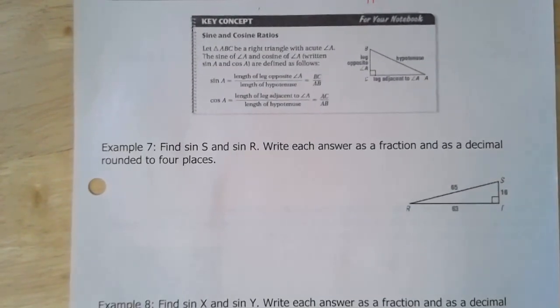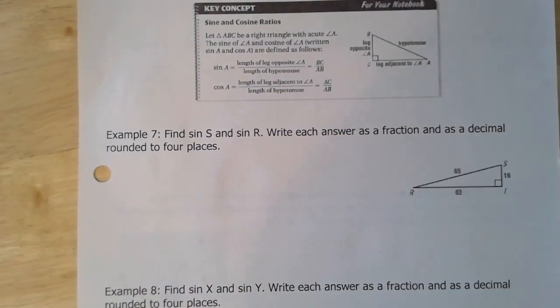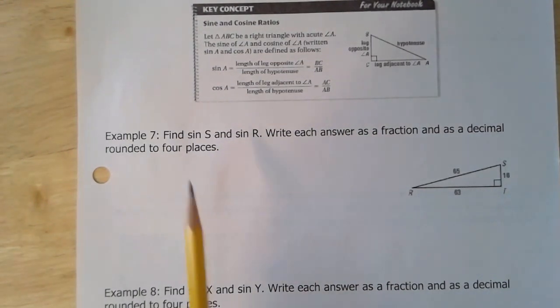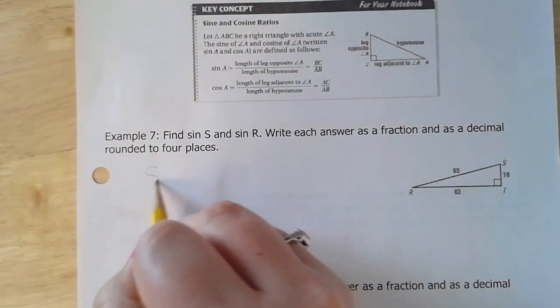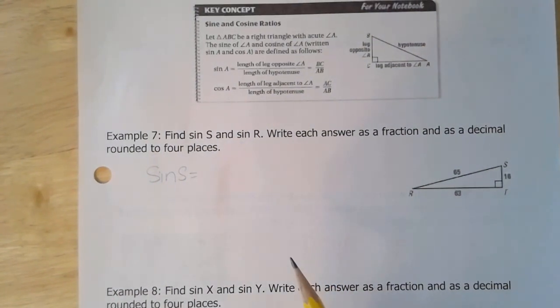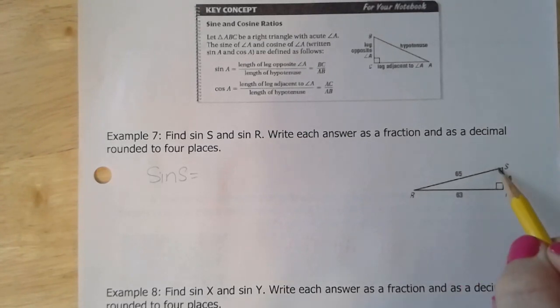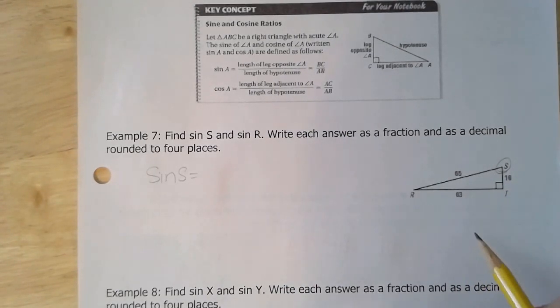Example 7 is just like we did example 1. You're going to just write out your fractions and do your decimal to 4 decimal places. So, sine of S. Sine is opposite over your hypotenuse. So, S is here.